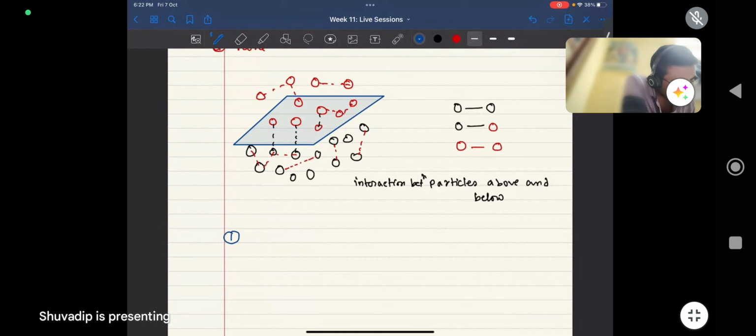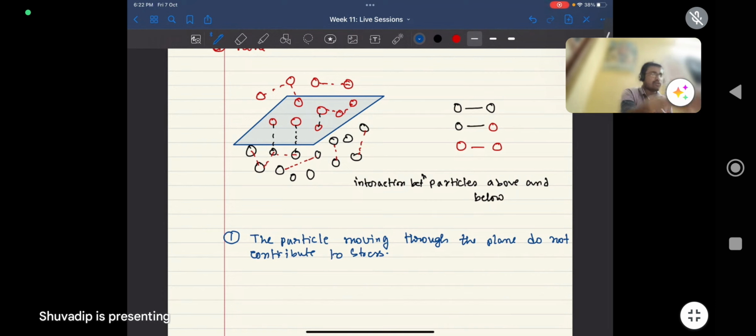The first assumption is that the particles moving through the plane do not contribute to stress.